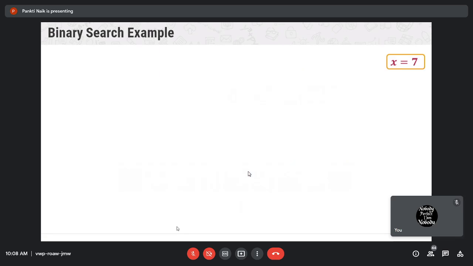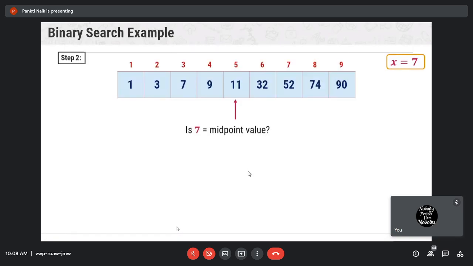Now next we have to search for element 7, because our key value, that is X, is equal to 7. Now check if the key value is equal to the midpoint value or not.